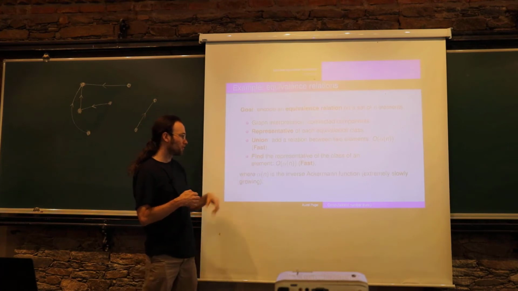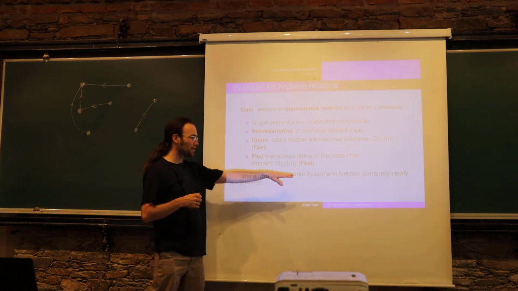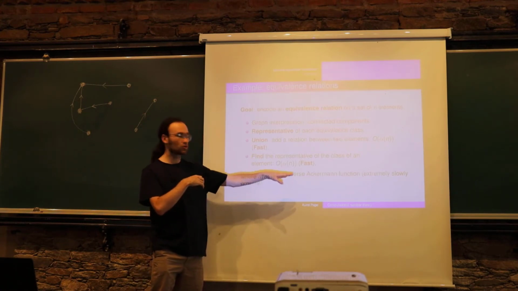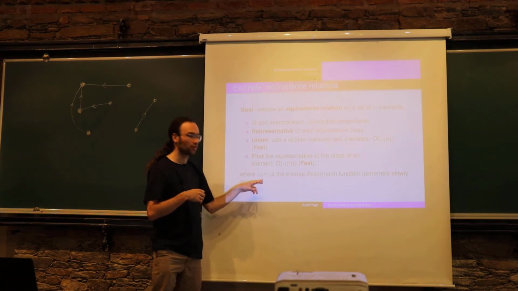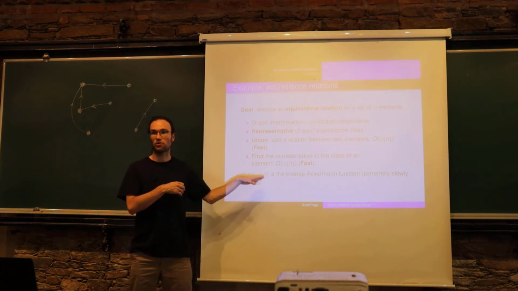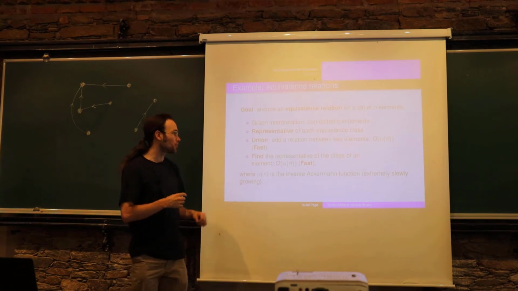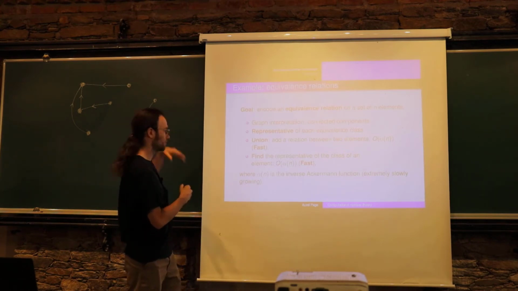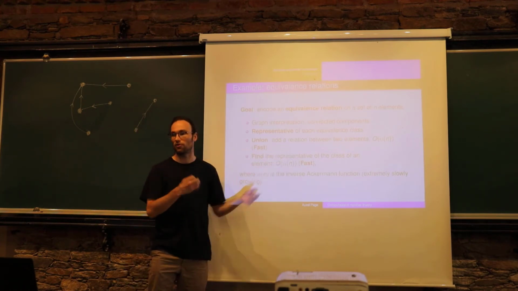And even more refined analysis give you the inverse of the Ackermann function. So this is a hugely fast growing function. So alpha of n, the inverse, is hugely slowly growing. So in practice, the height is bounded by like 3 or 4 always.